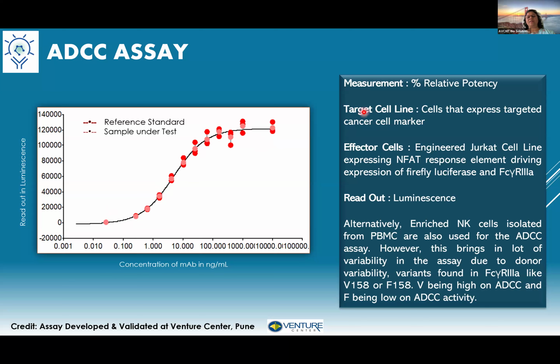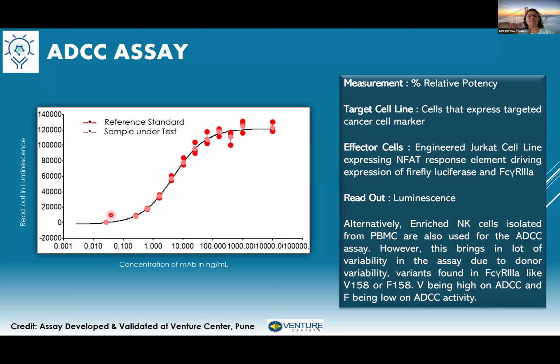The target cell line that is used is generally the cells that express the targeted cancer cell marker, and the effector cell line that has been used in this particular assay is an engineered Jurkat cell line expressing an NFAT responsive element that drives the expression of firefly luciferase as well as Fc gamma R3A.